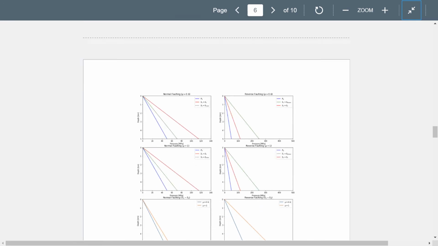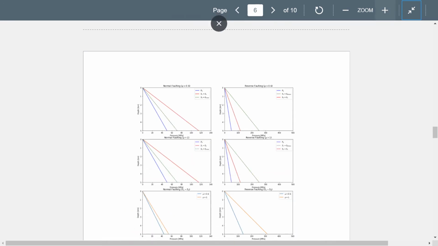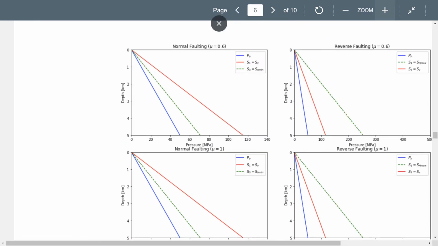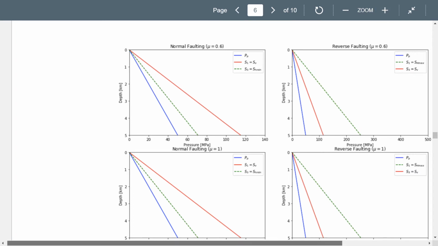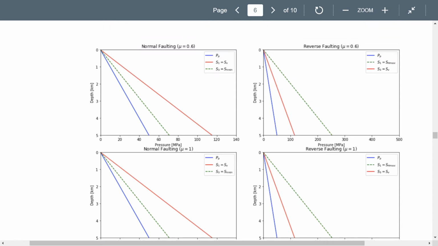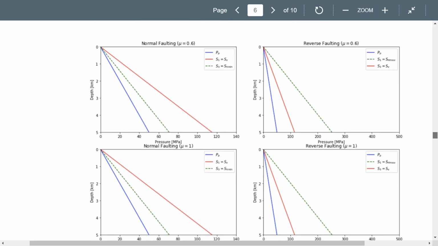The solution for friction coefficient equal to 0.6 is correct, but probably you notice from here that the solution for friction coefficient equal to 1 is exactly the same, and that's not how it should be.